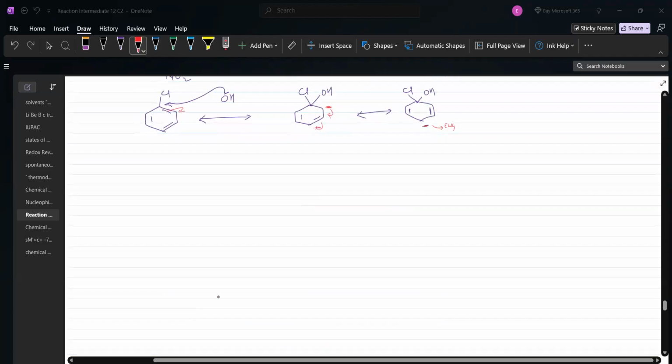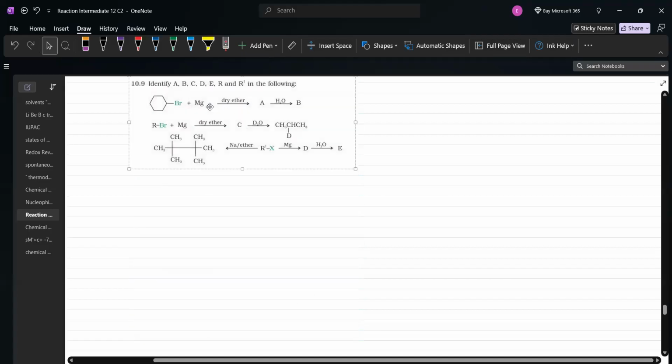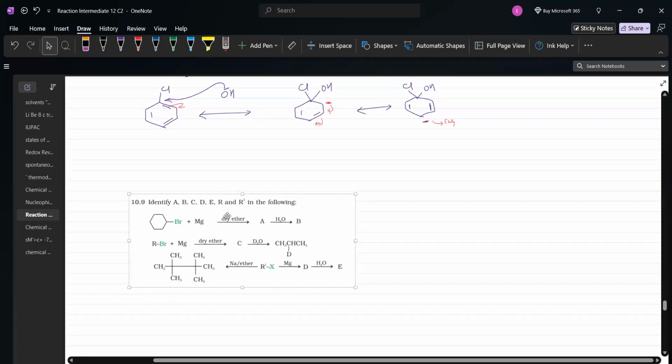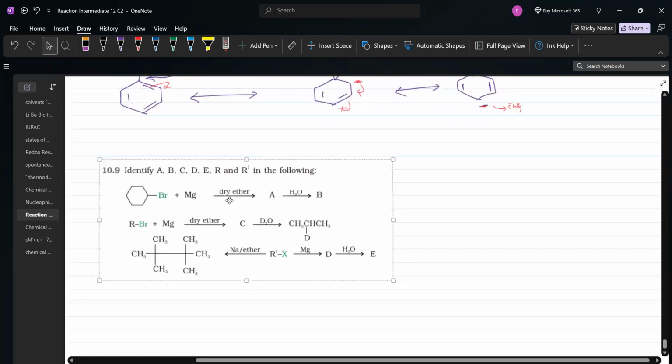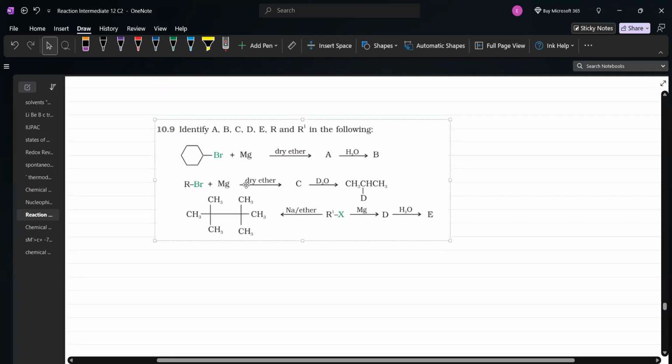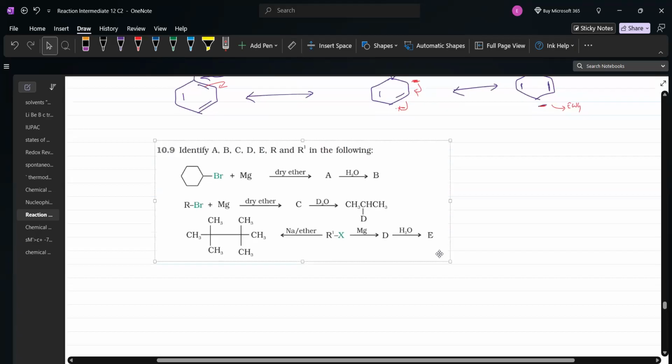So let me see. There is a question here. Please give it a try. This question is selected from NCERT.